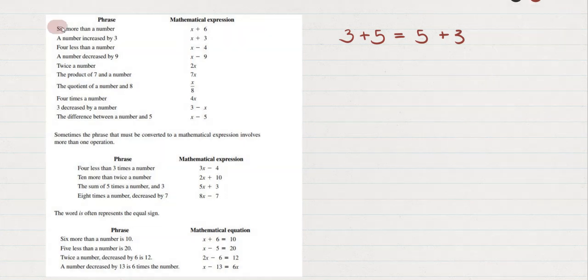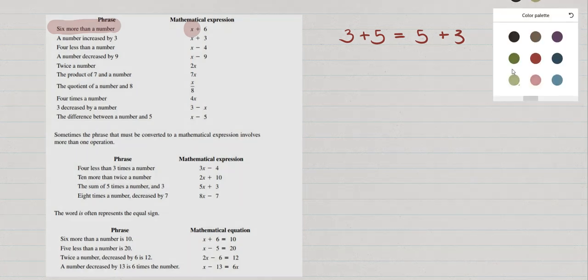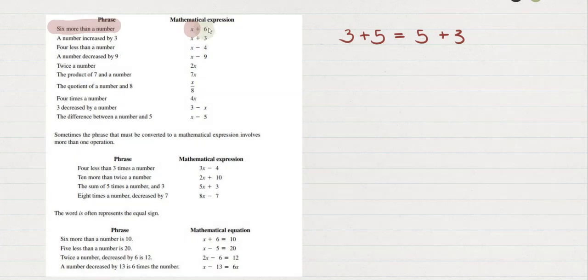So when I say 6 more than a number, notice that if it's 6 more than, then it's got to be the number that starts first, and then we're going to add 6 to that number. So it's the number plus 6.